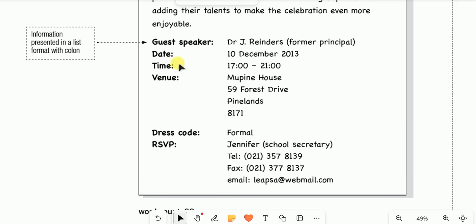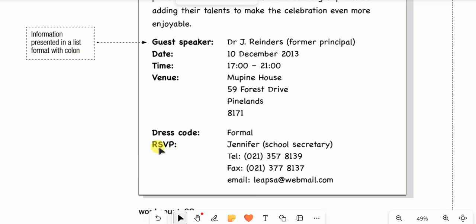Okay, and then what we also need to have is what you call the RSVP, right, which is a French phrase that translates in English to please respond. When you say somebody must RSVP, it's just to confirm that they will be there, just to confirm that indeed they will grace your occasion with their presence.